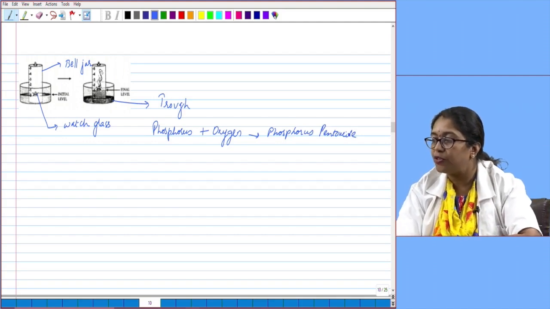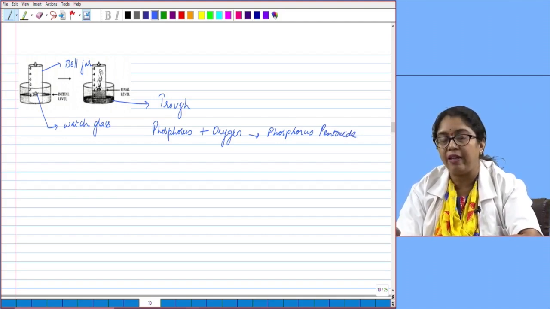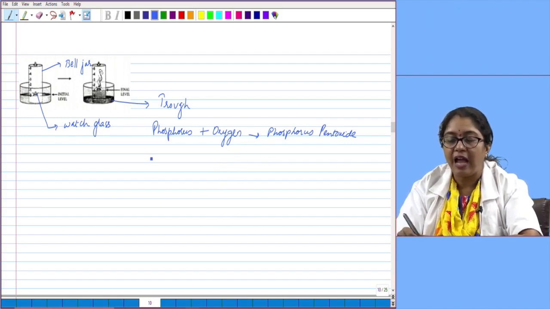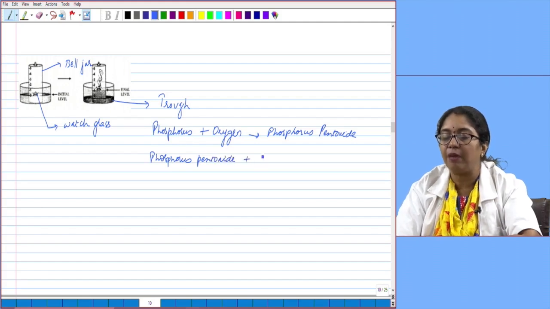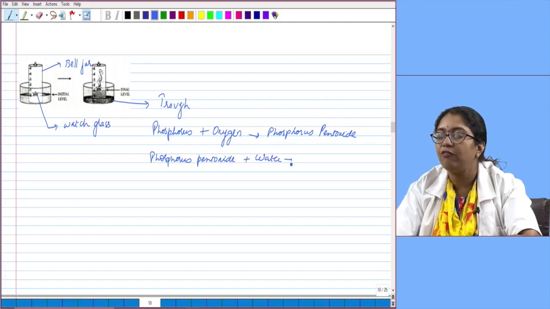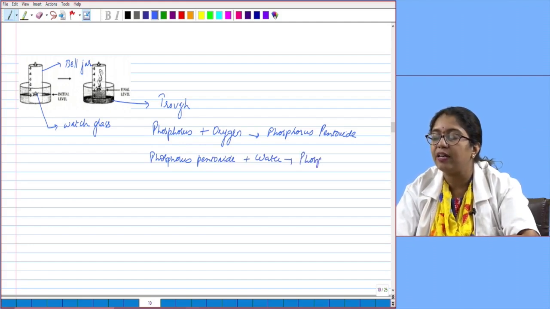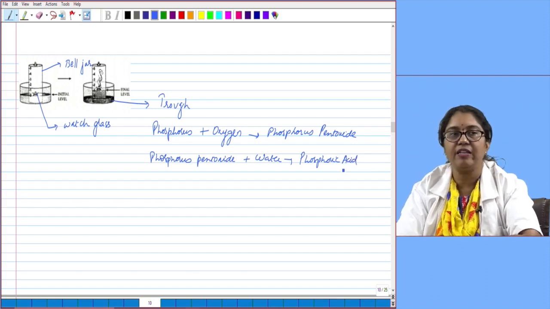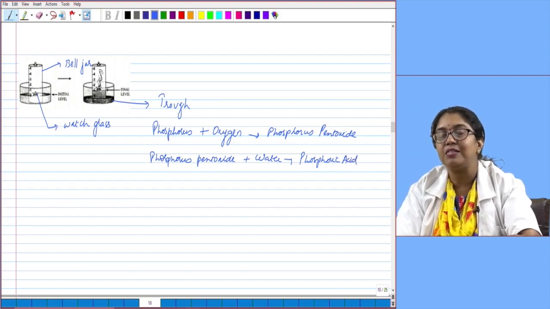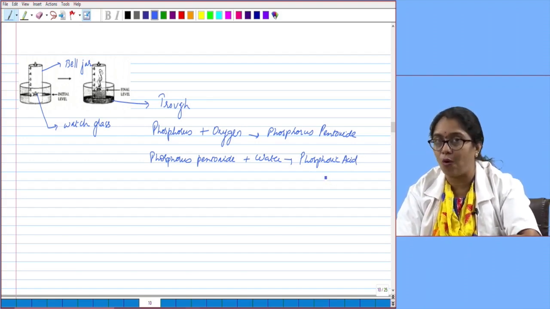So phosphorus burns in air and combines with oxygen to form phosphorus pentoxide, and this phosphorus pentoxide can combine with water to give you phosphoric acid. Since this oxide, phosphorus pentoxide, dissolves in water to give an acid, it is also known as an acidic oxide.